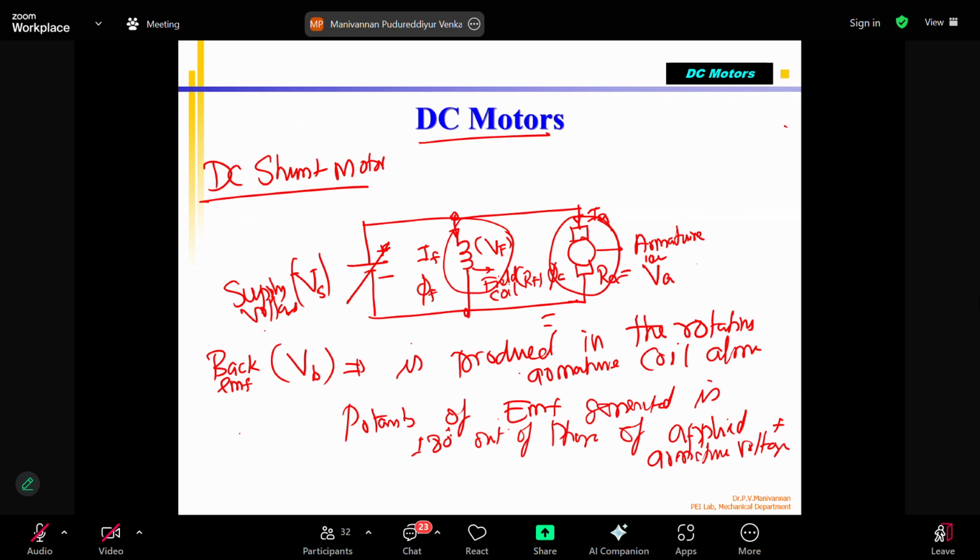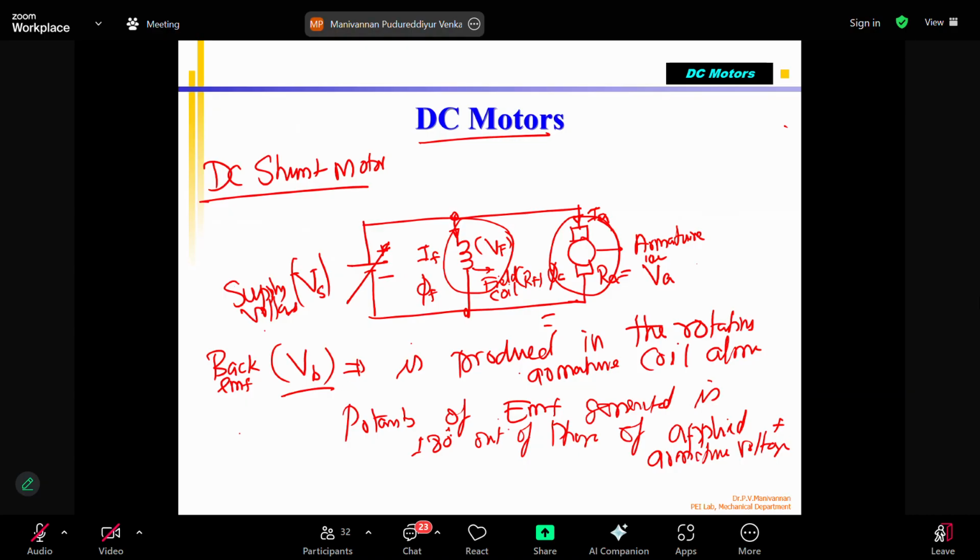But the field coil is fixed on the body of the motor, so it cannot rotate. The armature is allowed to rotate because it is on the bearing. While it rotates, it cuts phi F, and a voltage is produced, governed by Faraday's law. This is called back EMF, because the polarity of this voltage opposes the applied voltage.